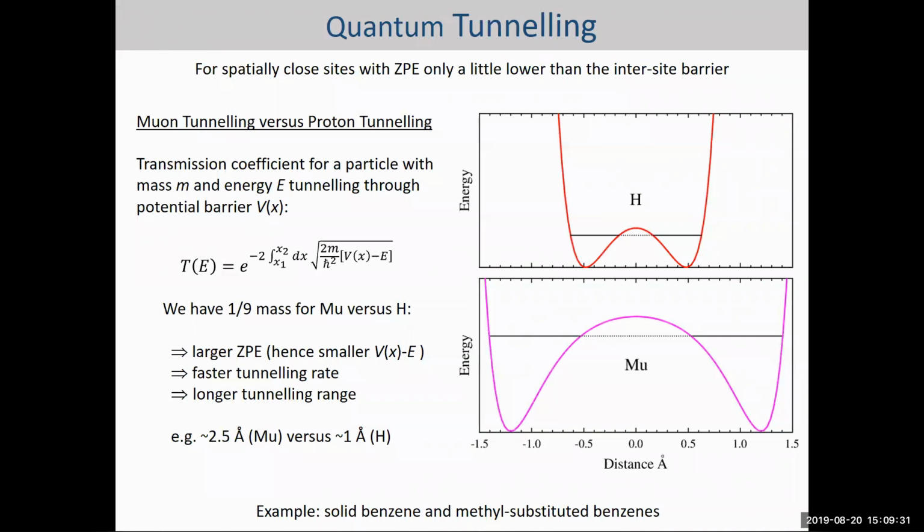And because we have the lighter mass of the muon, we have the larger zero-point energy, which helps. So we've got less barrier to go through, and also the tunneling rate is larger because of this mass term. So the end result is one has a longer tunneling range. So we're looking at something like 2.5 angstroms for muonium, whereas you only have 1 angstrom for hydrogen. And we've been studying this sort of behavior in things like solid benzene and methyl substituted benzenes.